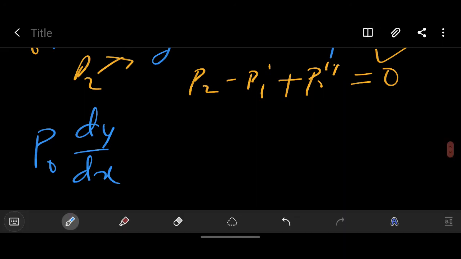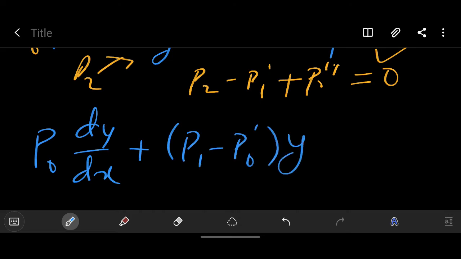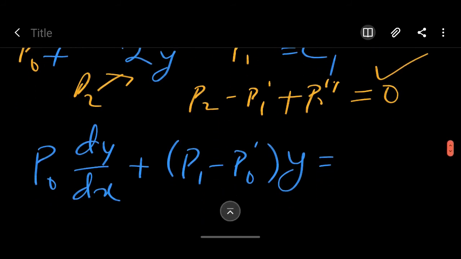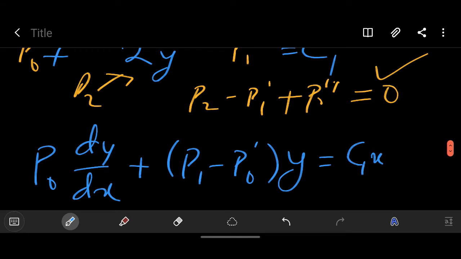All right, so P naught dy dx plus P1 minus P naught prime, the first derivative, and then y. The right side would be C1, which if we integrate it, would become C1x plus some integration constant, which we call C2.